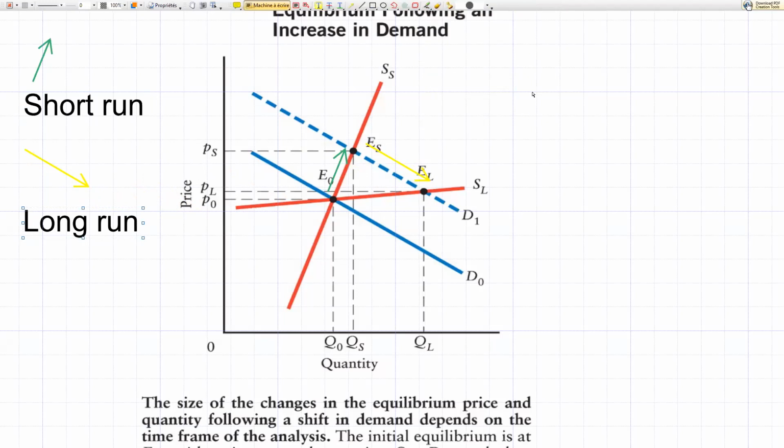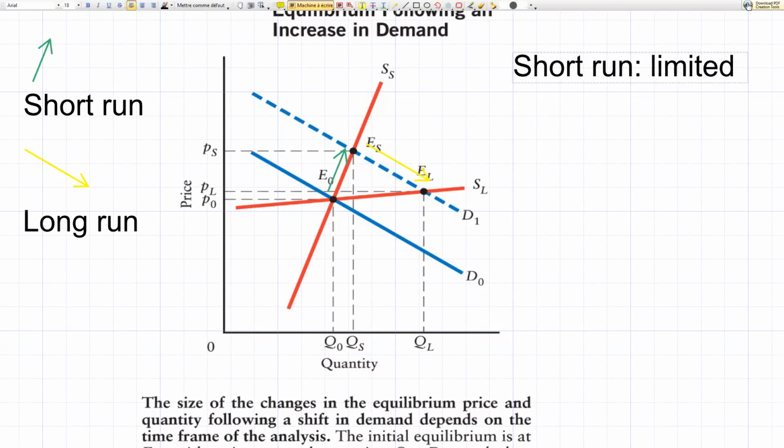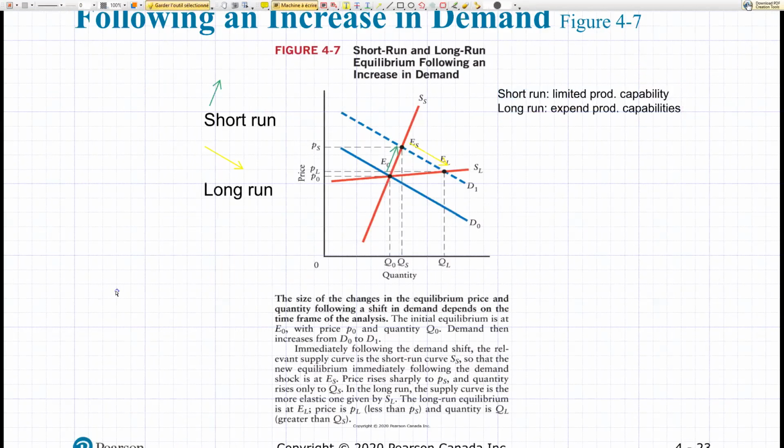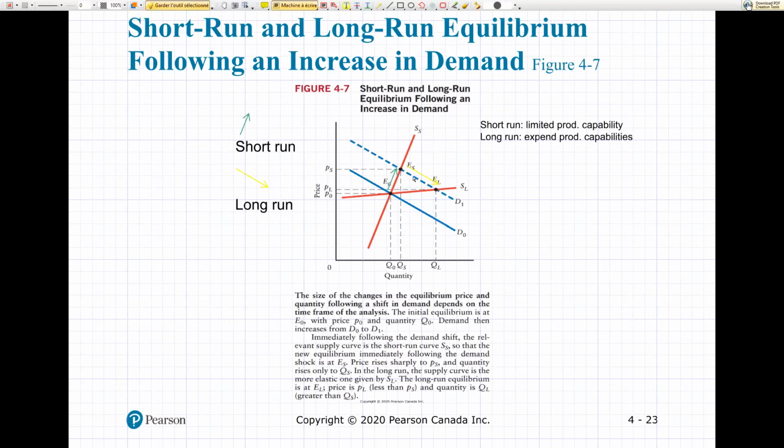In the long run, I'm able to expand, so the price can go back down because the supply is going to match the demand.